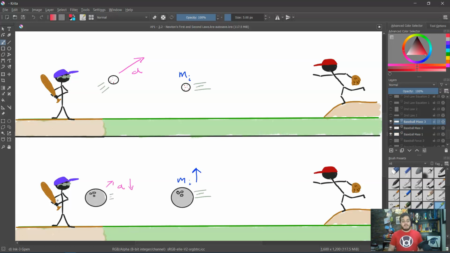When he does that, this baseball player still accelerates it, but the acceleration is much less. In fact, the acceleration may be so small that the bowling ball keeps going past them. So there is an inverse relationship between the inertial mass of an object and how much it can accelerate when it experiences a force. Something that's bigger is a lot harder to accelerate than something that is smaller.